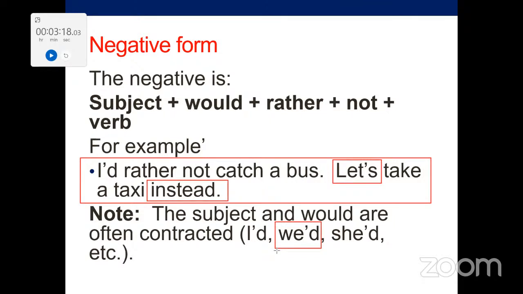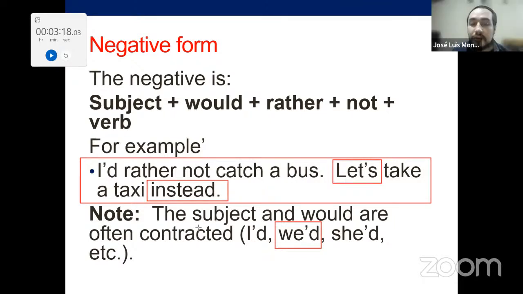And there, if it doesn't work with let's, because let's is mainly with we, you can change the second part, but what suggestion can you give related to he that it's a different thing than play soccer?